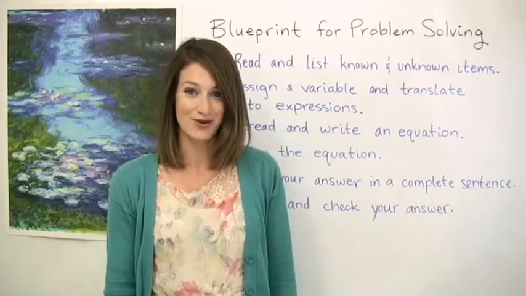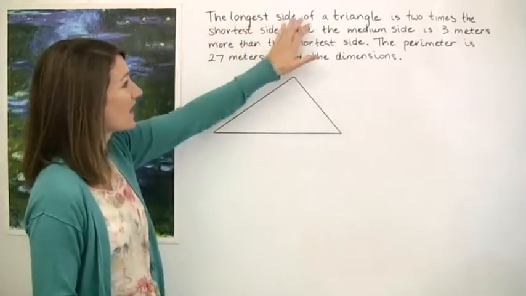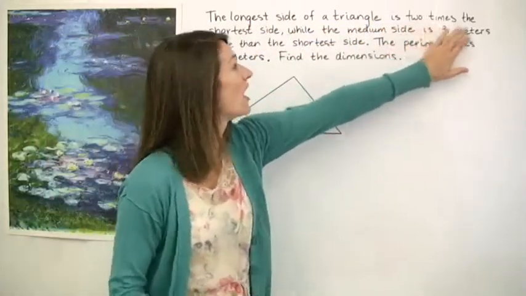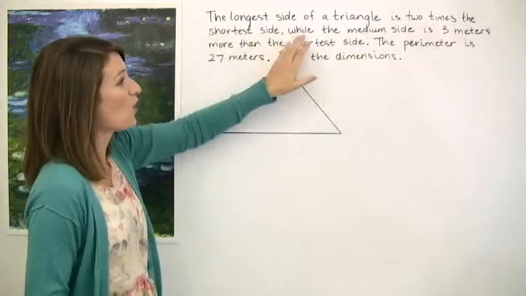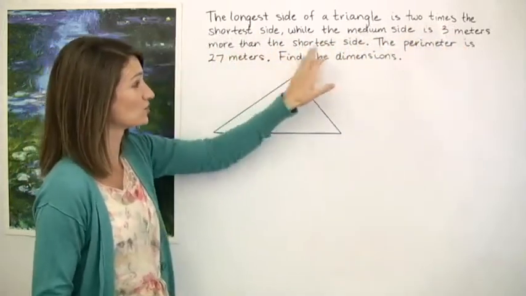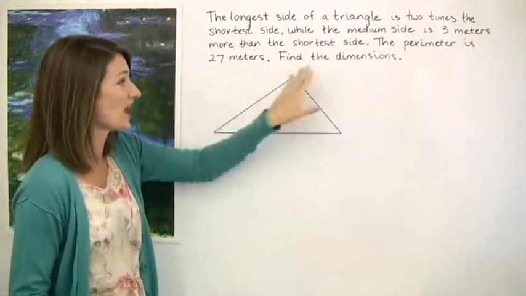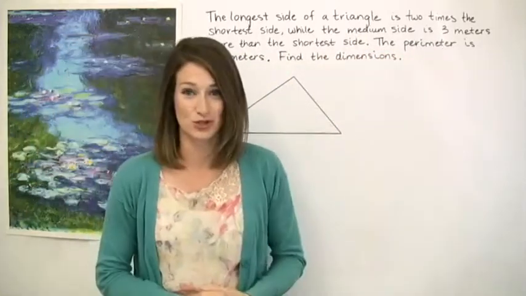So let's try an example. Our first problem says the longest side of a triangle is 2 times the shortest side, while the medium side is 3 meters more than the shortest side. The perimeter is 27 meters, and we're asked to find the dimensions of the triangle.